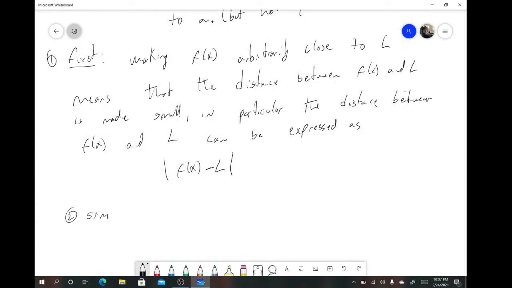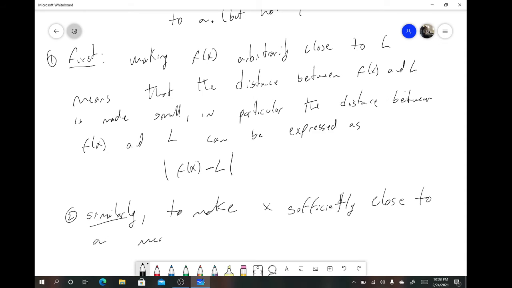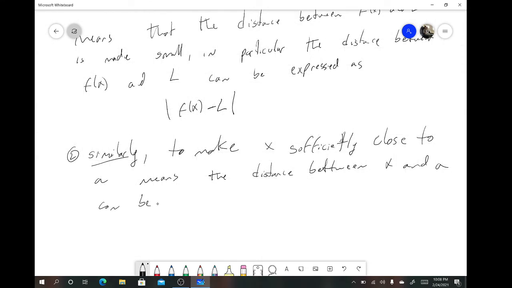Two, similarly, to make x sufficiently close to a means that the distance between x and a can be made small.